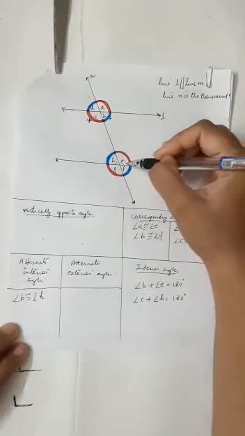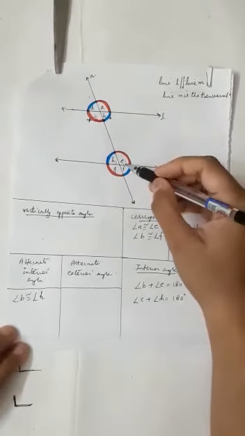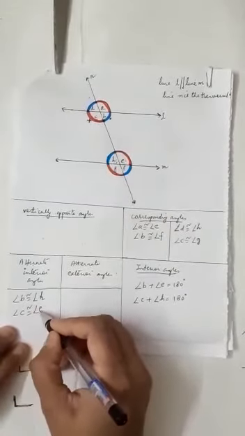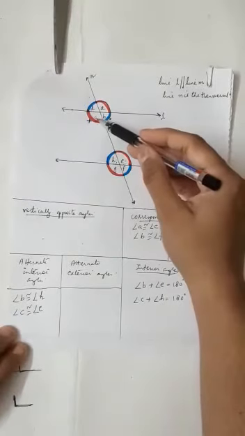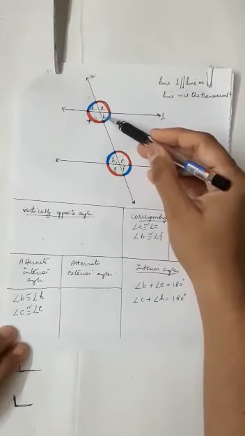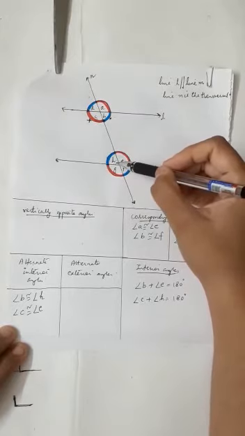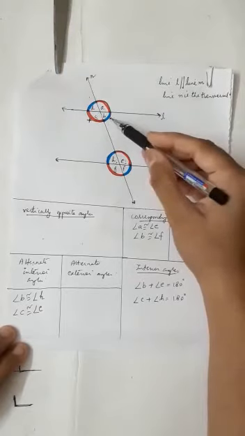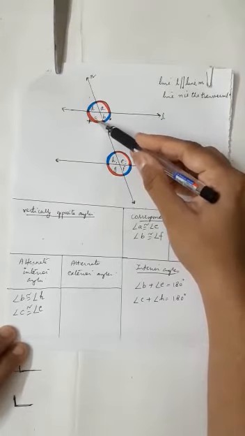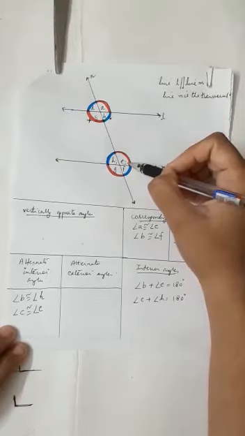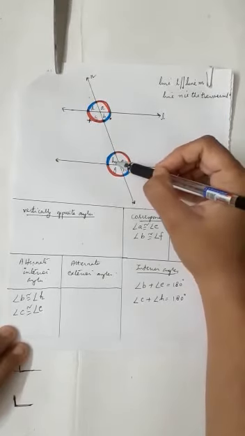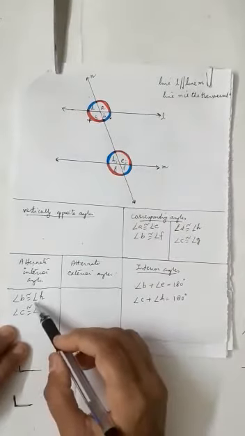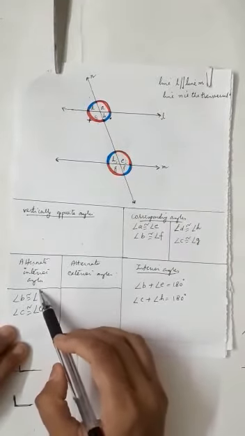What is left is angle E. So we can write angle C congruent to angle E. If it is angle C, we drop B and H. If we take angle B, we drop C and E and take only H. So B and H are congruent.